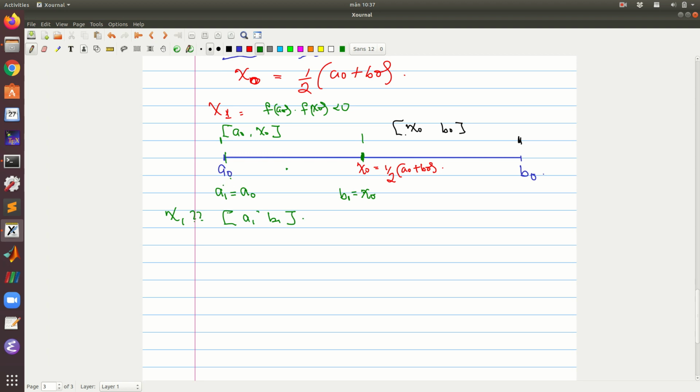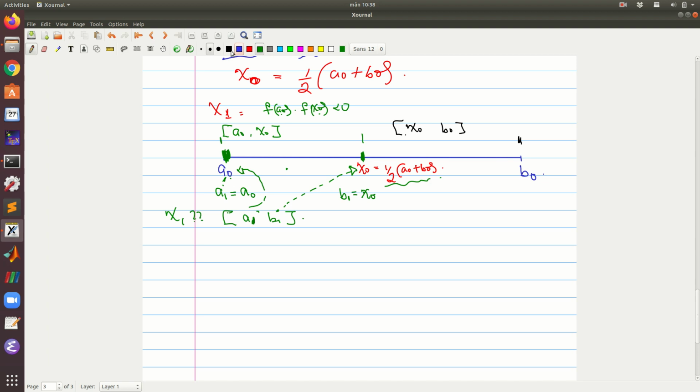We set a1 to be a naught, the same value, because we have checked that f of a naught times f of x naught is less than 0. Therefore we are sure that the root lies here, so b1 is x naught, which we computed here.